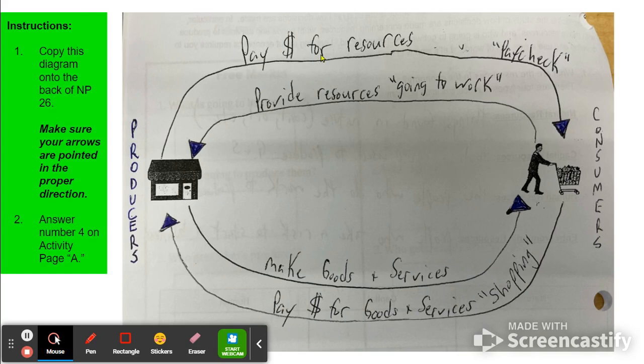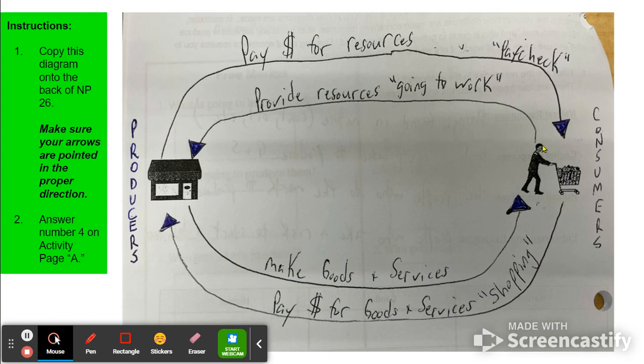The top half of this economic flow is more challenging. To make goods and services, the producers need to have resources. That means they need to have some humans who work for them. They need to have some natural resources, and they also need to have some capital resources or machinery used in the production of goods and services.